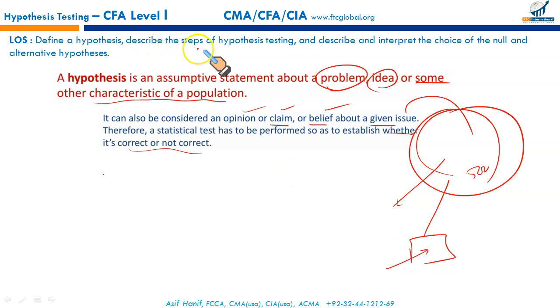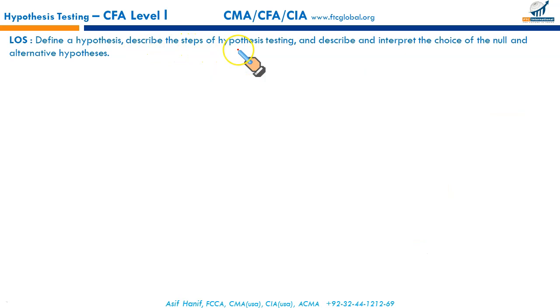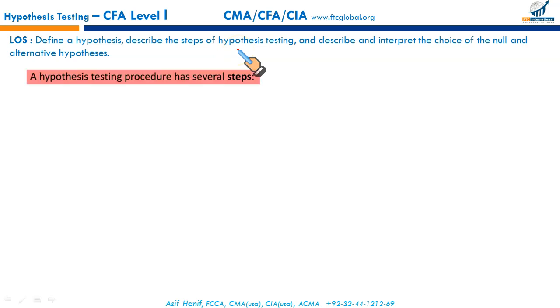Now next we have to describe the steps of hypothesis testing. So they're coming right here. The first step is that we will first state what is the hypothesis. So these are the several steps we will take. The first step is to state the hypothesis, state our claim, our assumption, whatever that we want to test.